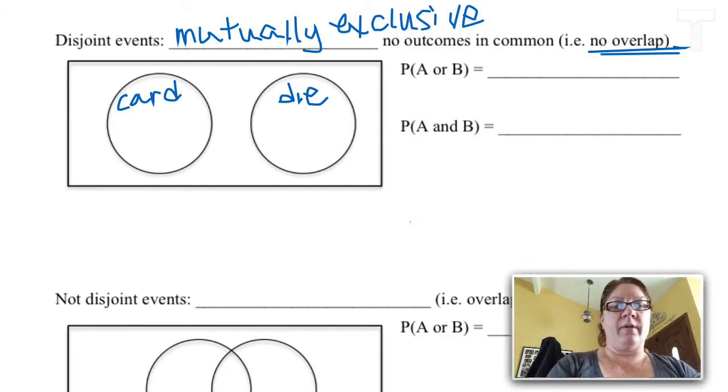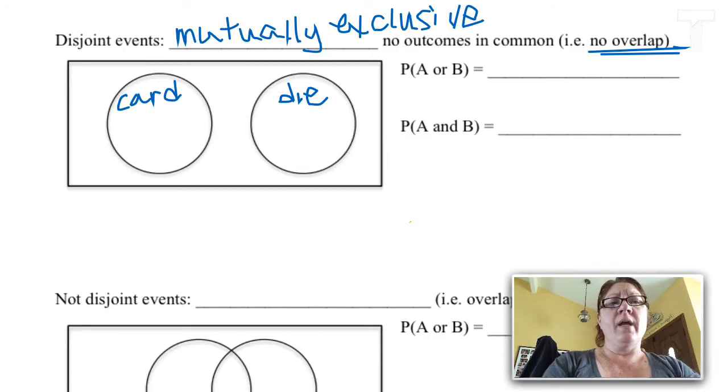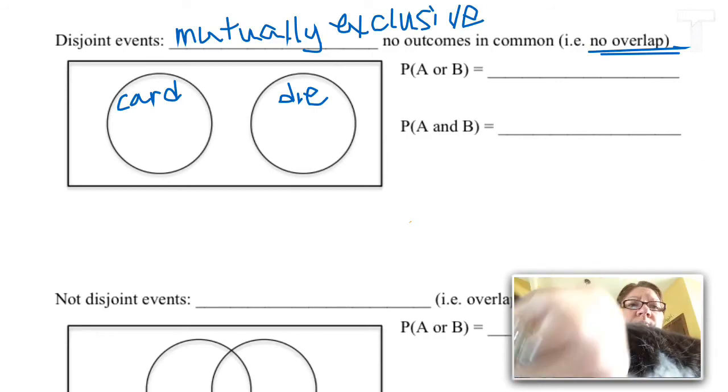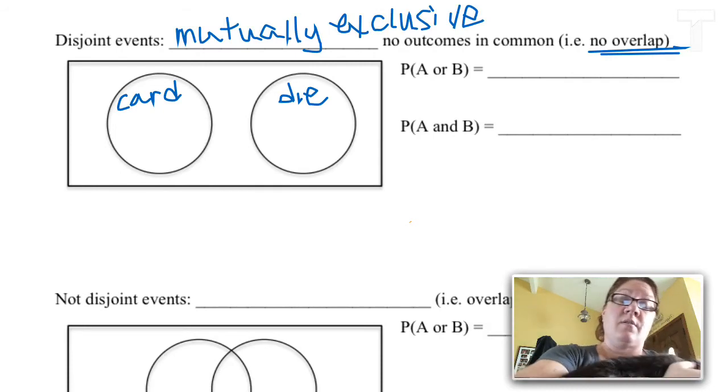Their outcomes don't overlap. So now, you have some formulas on your formula sheet for probability. And so you don't really have to memorize them, but you do have to know that they're there and what they mean.